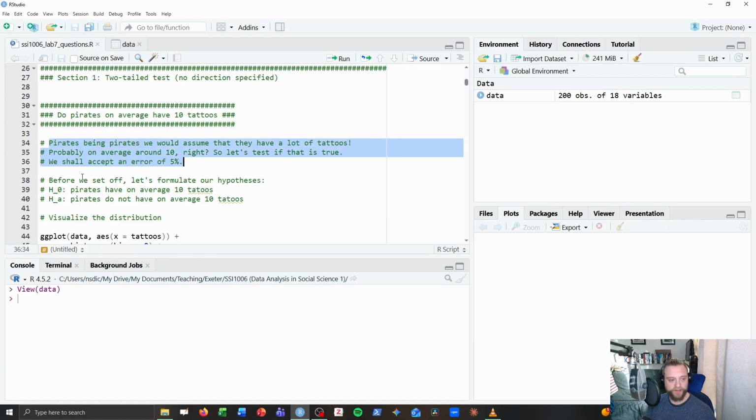Now, all of these tests are going to deliver what we call a p-value, so p for probability. And if that probability gets low enough, we reject the null hypothesis. So we say that H0, the null, is very unlikely to be true.